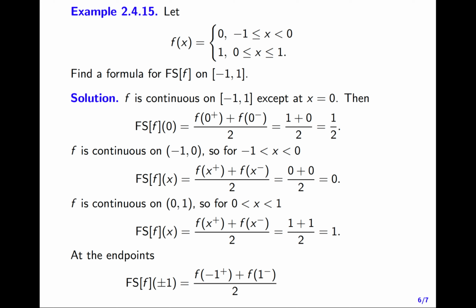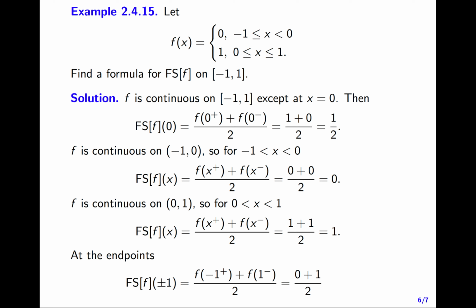And then at the endpoints, I have my special case. The Fourier series for f at plus or minus 1 is the limit from the right as x approaches minus 1 of f, plus the limit from the left as x approaches positive 1 of f. And chase through that and make sure you're reading it aloud with me and you understand what that means.